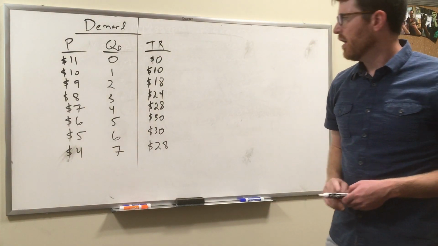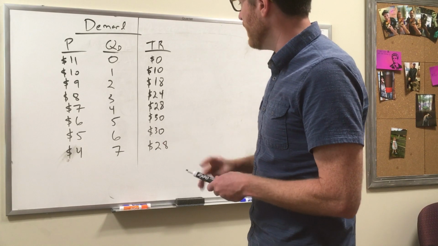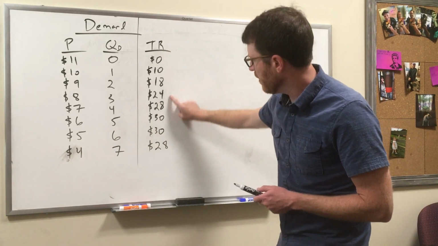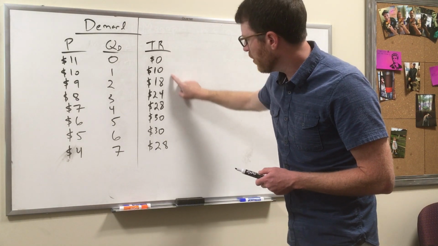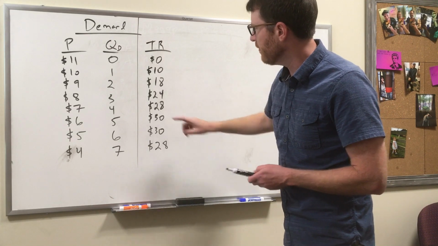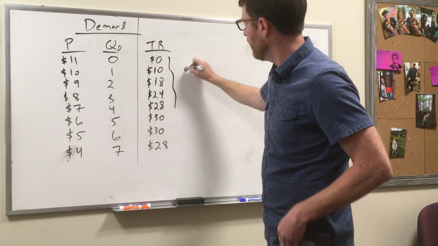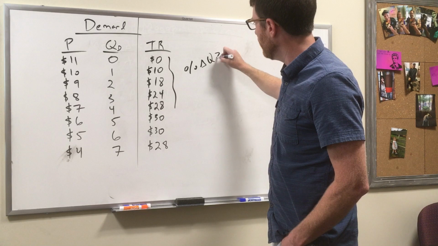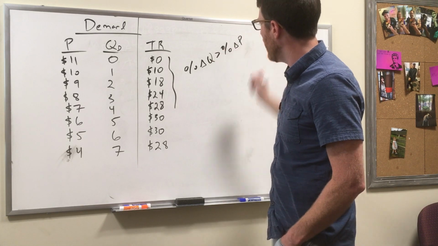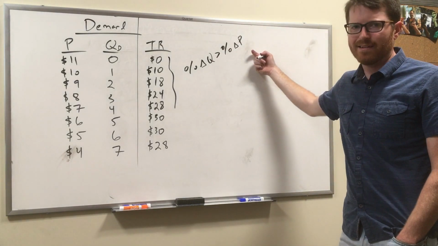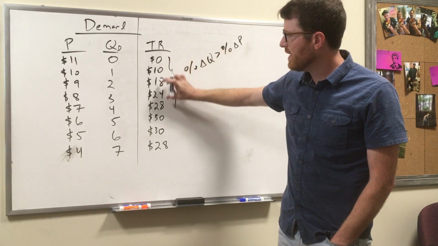Okay? So basically what we can assume is happening is for this period here, where more quantity means more revenue, the percentage change in quantity is greater than the percentage change in price, which means it's elastic. All right? The demand is elastic here.